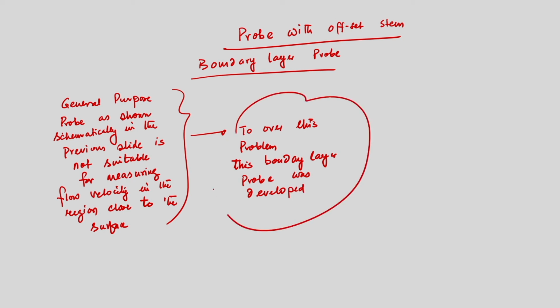So, the objective of having the special type probe is that the general purpose probe that we have seen in the last slide, with all its characteristic dimensions, is not suitable to measure flow velocity in places which are close to the solid boundary. Now, we will see the schematic depiction of the boundary layer probe.